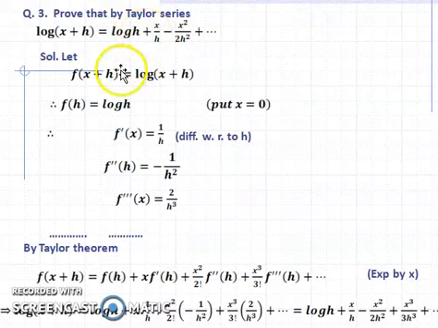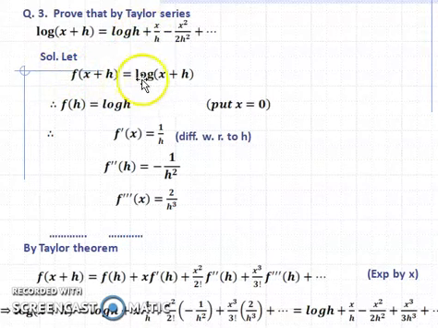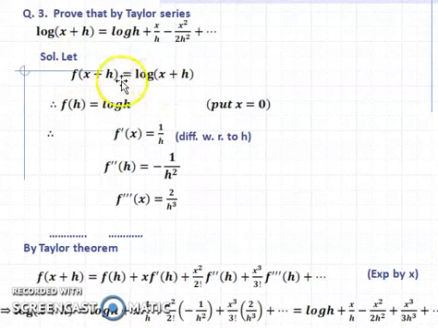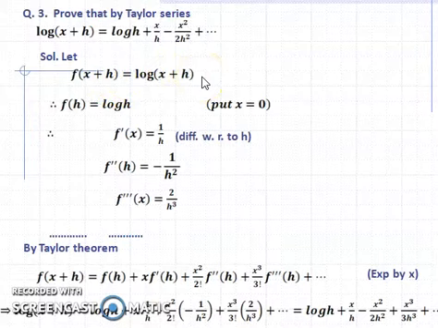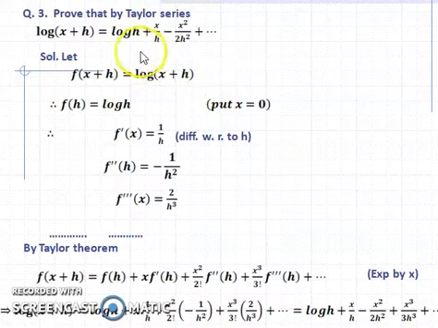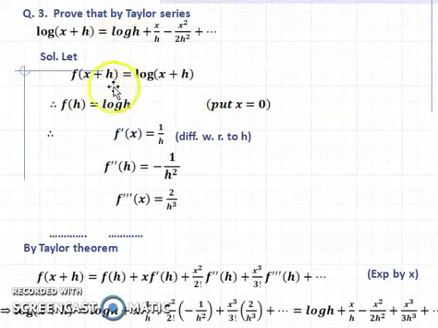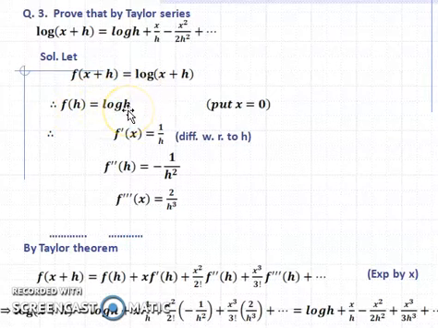When we start the solution, let f(x+h) = log(x+h). In the previous two problems we substituted h = 0, but here we put x = 0, because the result is in terms of h, that is why f(h) = log h.